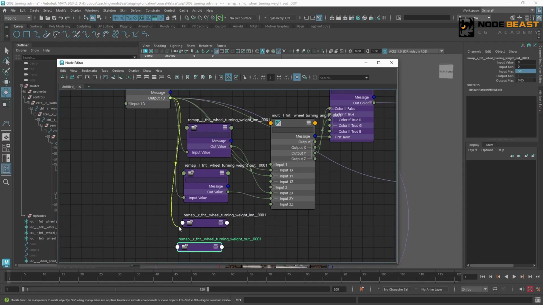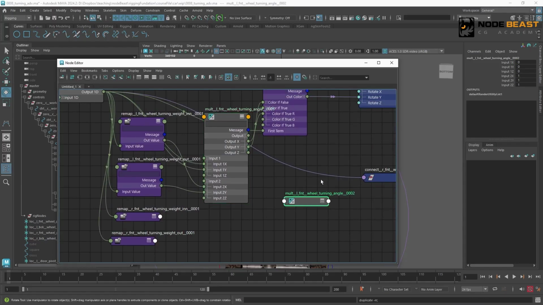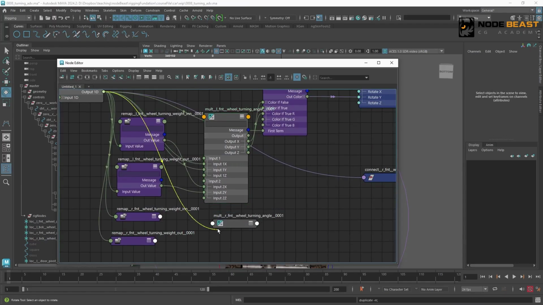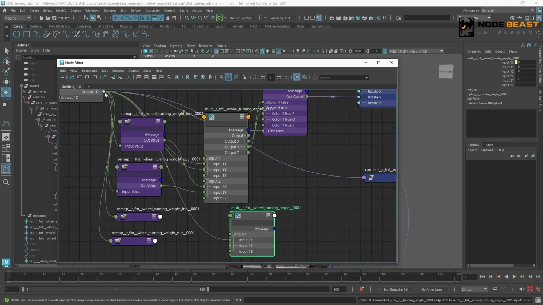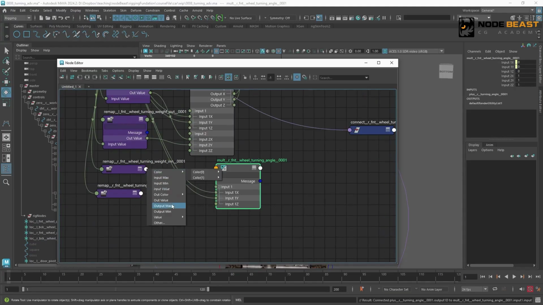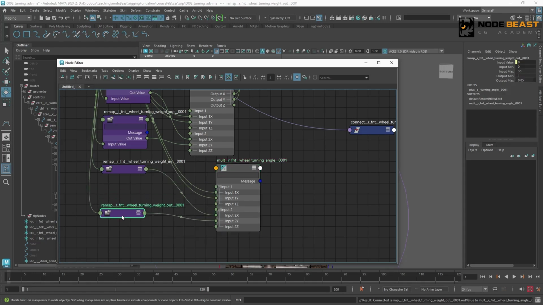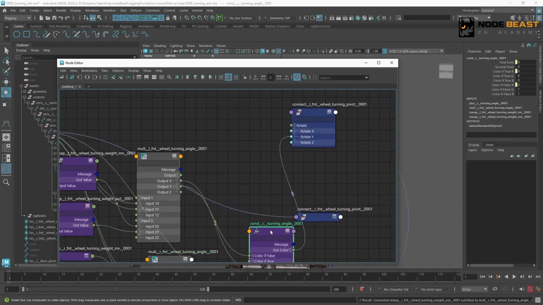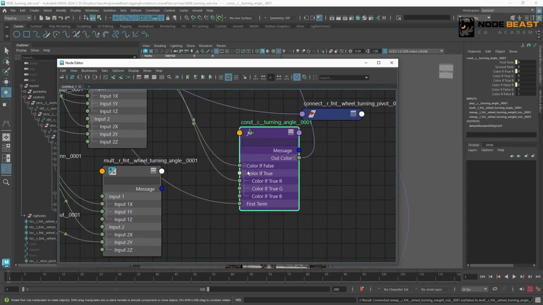It's the complete opposite of the left. Then create a multiply divide node as well. And connect the remap value over. And connect it to the condition node.